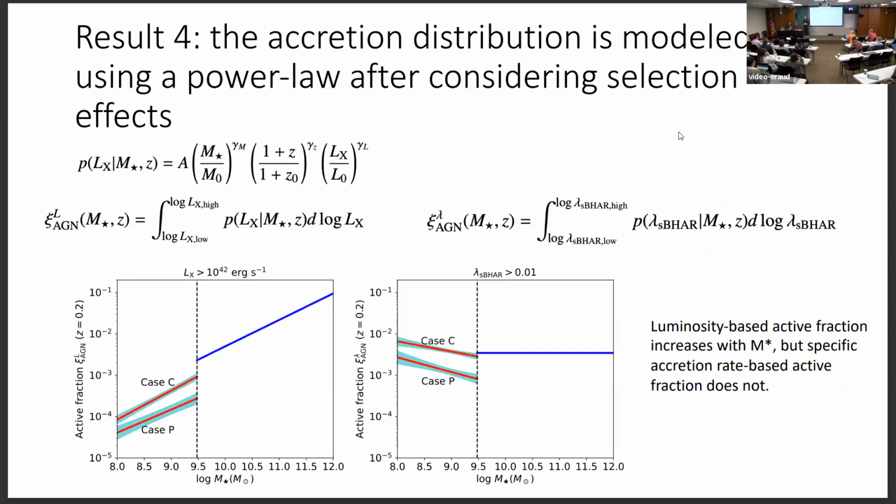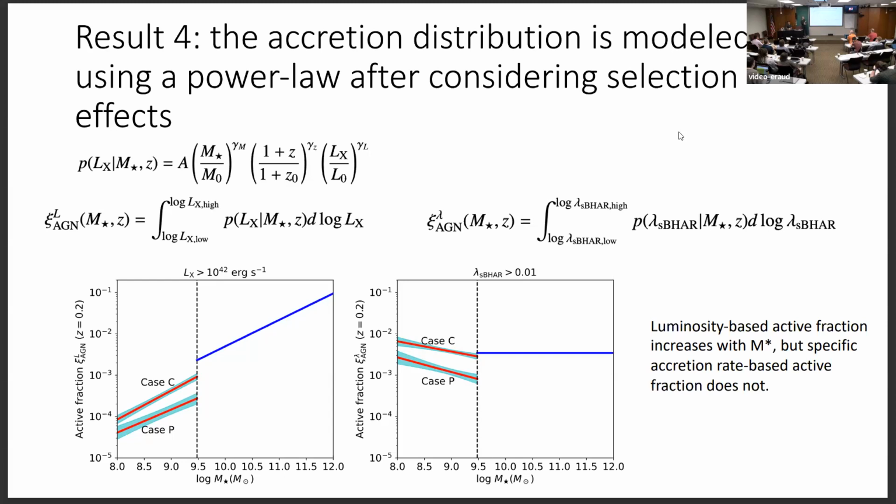Okay, and our last result, and I think this is probably another one of the most important results of this work. We have measured the accretion distribution, which is defined as the probability density in log space of a source with given stellar mass and given redshift hosting an AGN of Lx, and we assume a power law to fit that.